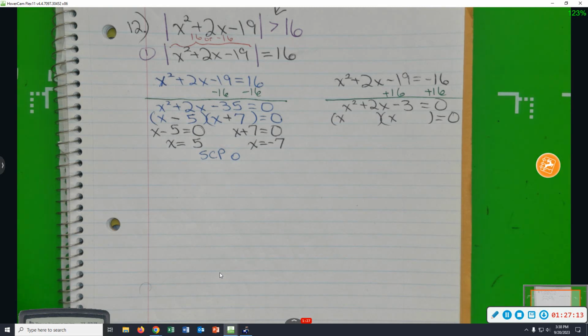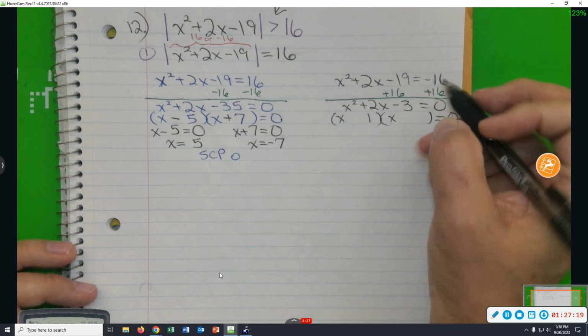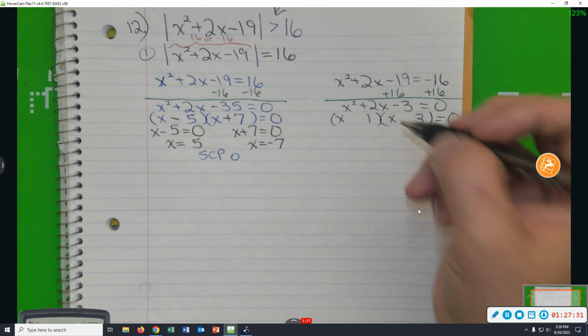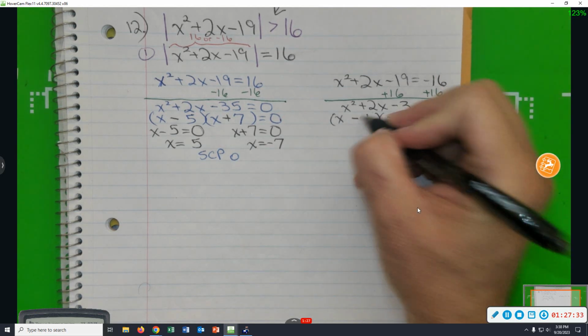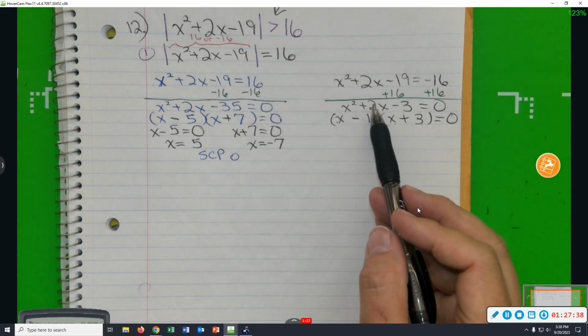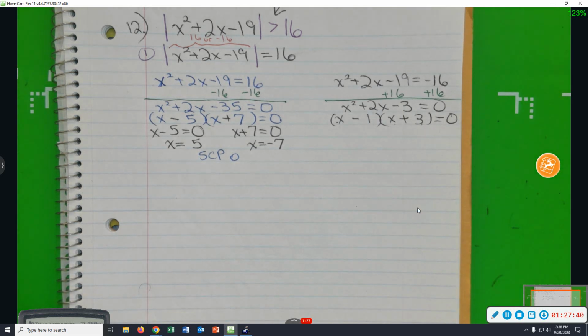I think there's only one pair of whole numbers. 1 times 3. So, what do we know about the signs? 1 plus and 1 minus. Where's the plus going to go to give us back the plus 2x? Okay, the plus there, the minus there. That's a 3x minus 1x. I agree, that gives me a positive 2x.